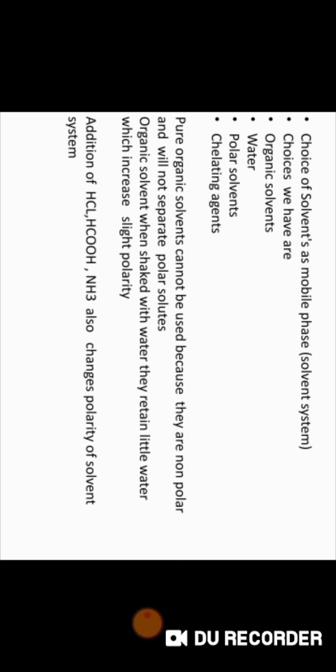So now we have to increase the polarity of the organic solvent. We are going to shift the organic solvent from completely non-polar to slightly polar, and we can achieve this by adding water to it, or by shaking the organic solvent with water, or we can also do it by addition of HCl, acetic acid, or ammonia. In this way polarity can be changed.